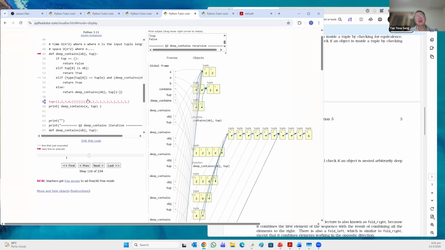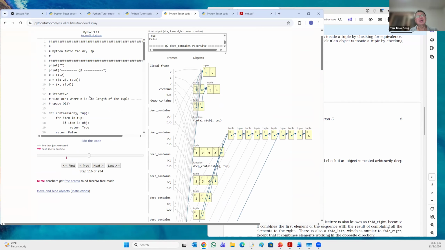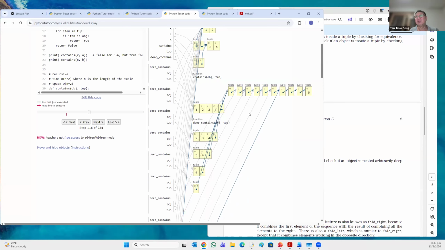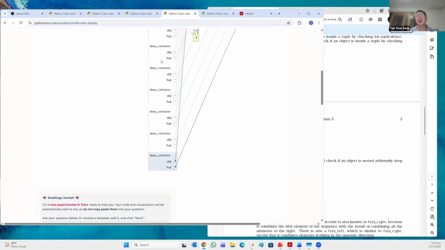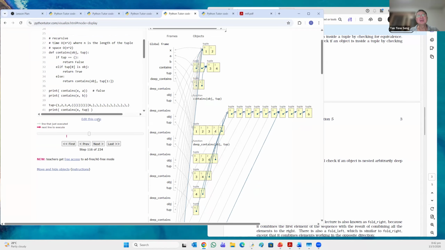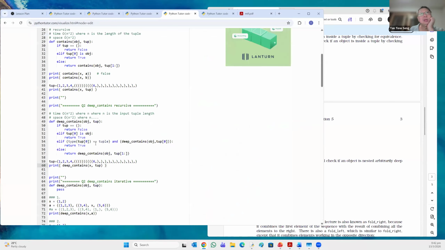So this time round, unlike the previous one where all these guys are not involved, now all these guys are involved. It's creating this stack here. So what I'm saying is that this n is not the input tuple length. Do you agree?